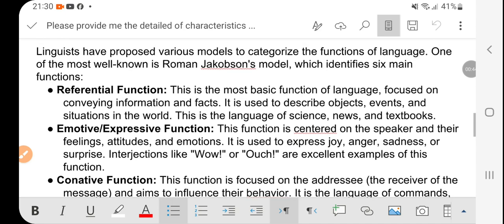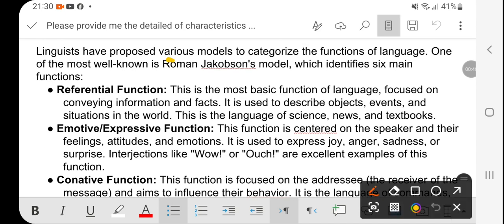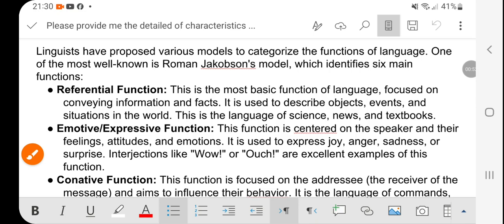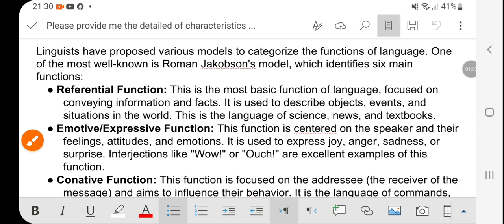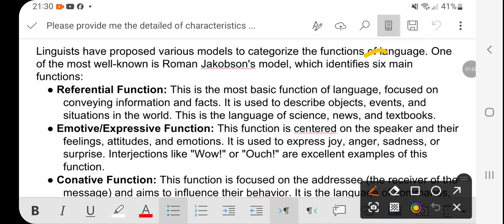Different linguists have given different models, but the most important, well known model is the Roman Jakobson model. Very important. Okay, so please take care. It defines six main functions. So this model says that language has six main functions.